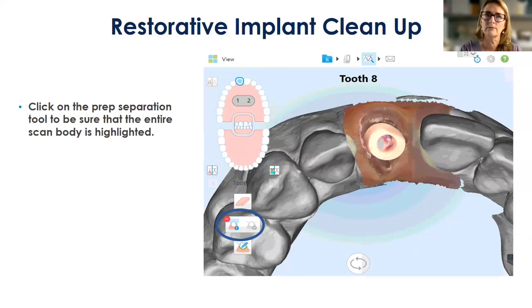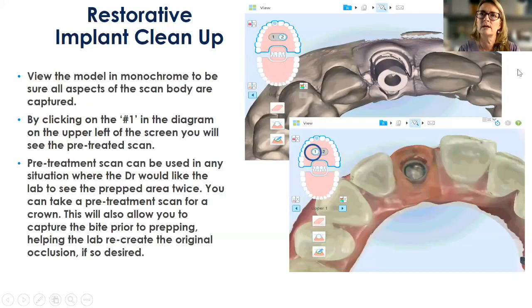I just wanted to throw that in there. And then we have some images of the actual implant scan, cleaned up, if you will. The one on the bottom is the gingival tissue scan, and the one on the top in monochrome is the one with the scan body in place.